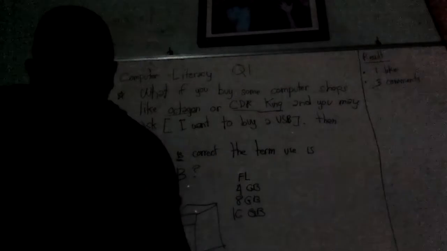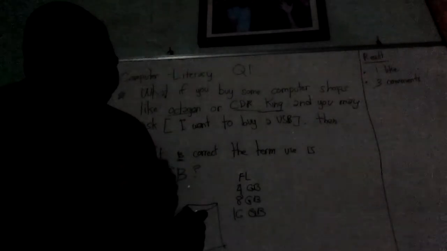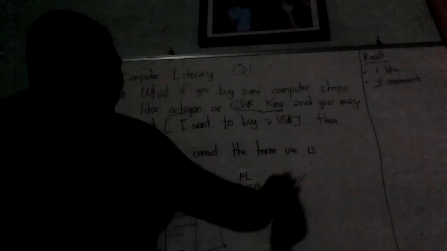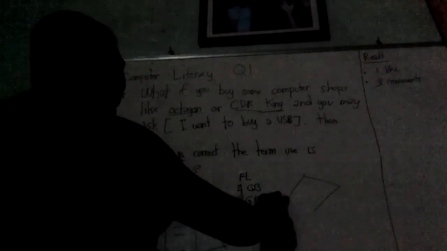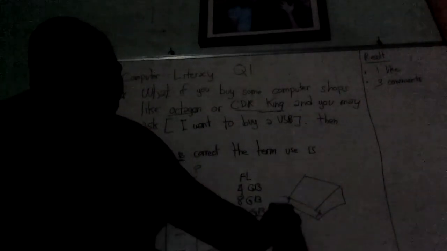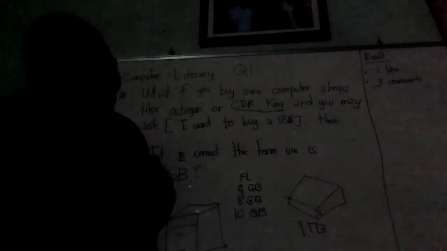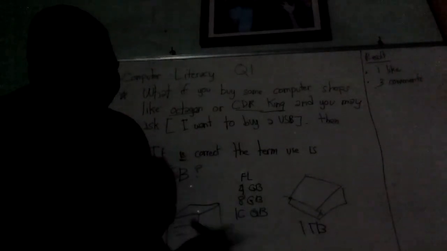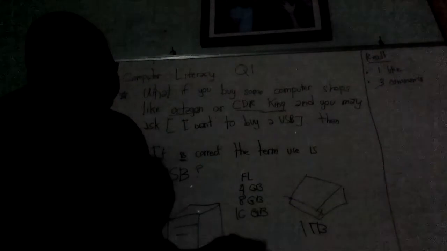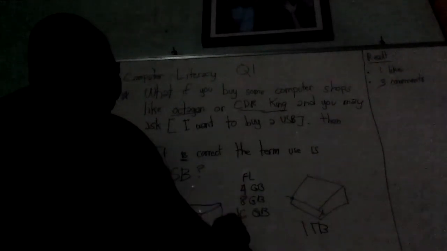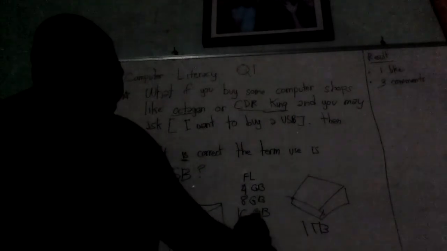Or many say, what we call an external hard disk, external drives consist of 1 terabyte. Tera means trillions. Or some flash drives consist of 32 gigabytes.